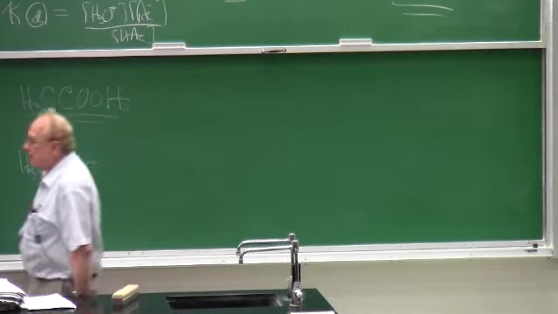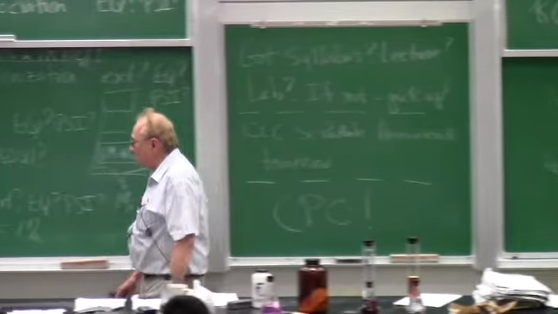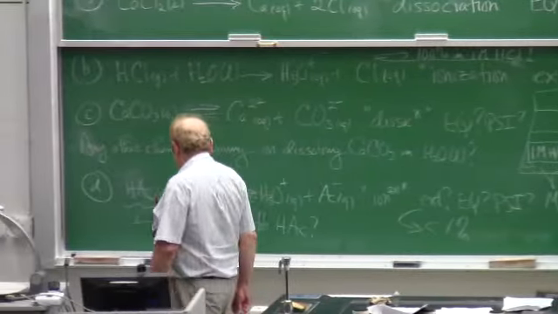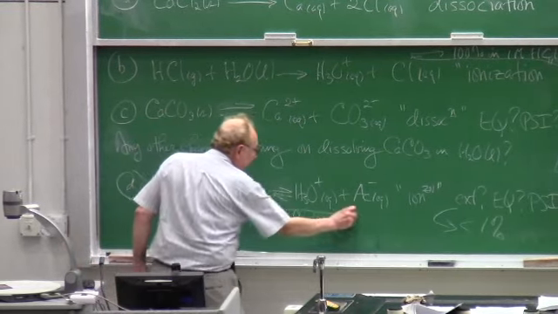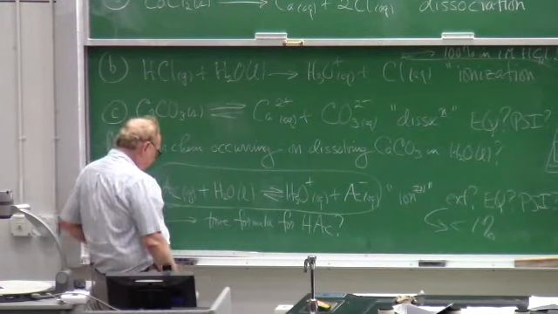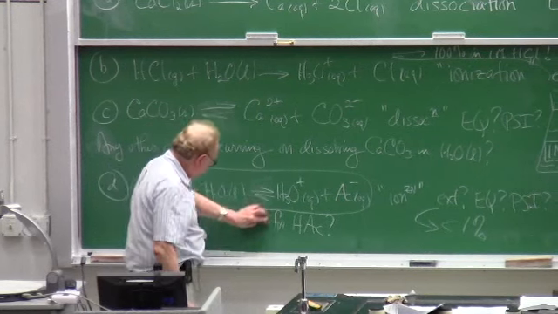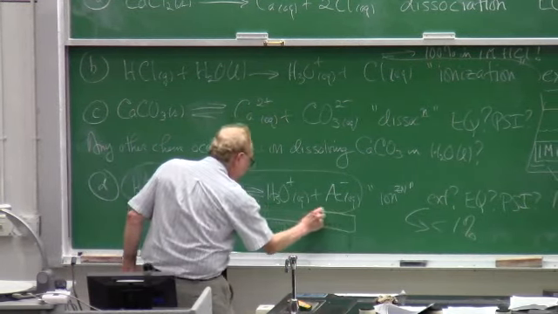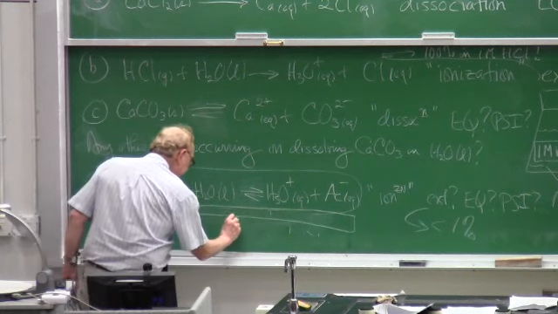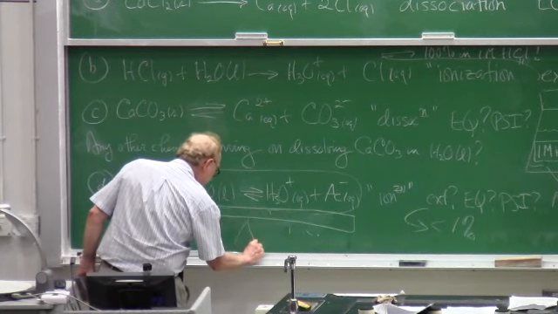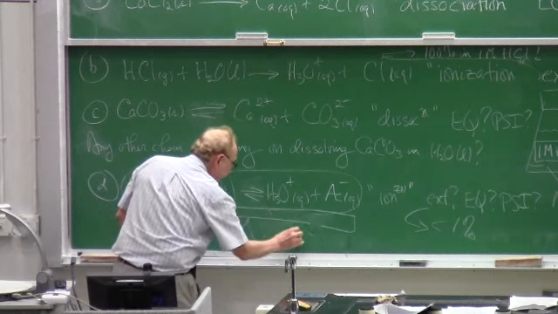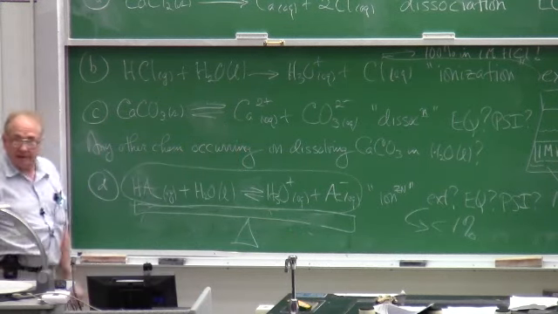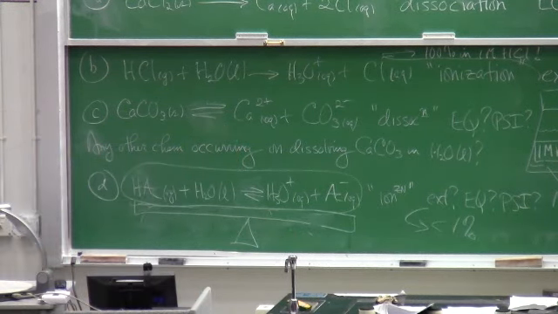So let's take a look at a couple of actions on this equilibrium system. Because this thing is like this. It's like a teeter-totter in balance when it's at equilibrium.